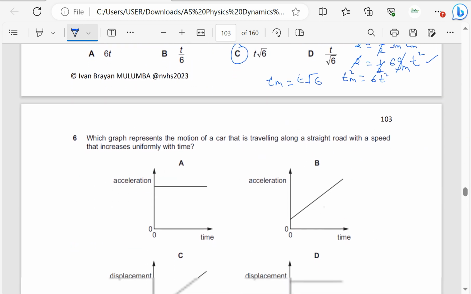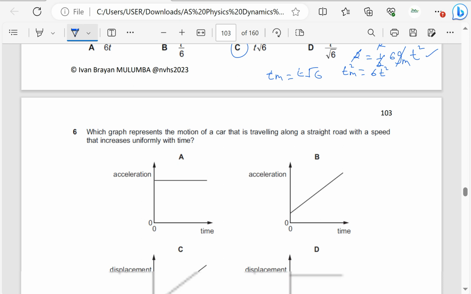Which graph represents the motion of a car that is traveling along a straight road with a speed that increases uniformly? If the speed increases uniformly, the acceleration is constant. So that is a horizontal graph for acceleration against time. If the speed is increasing uniformly with time, it will be a straight line like that.